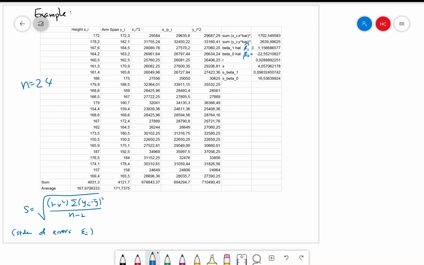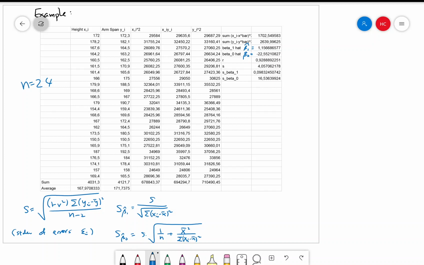After we know the value of S, we can calculate the standard deviation of beta 1 hat, which is S over the square root of the sum of xi minus x bar squared, and S beta 0 hat is S times the square root of 1 over n plus x bar squared over the sum of xi minus x bar, whole thing squared.